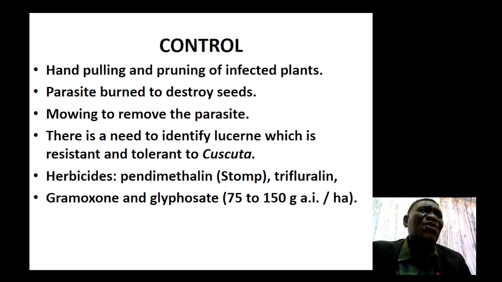Now on the control measures, with shoot parasites it's very challenging. If you want to control the parasite, you might as well destroy your crop. So with hand pulling and pruning of infected plants, you might have to lose a few plants. You may burn the parasite. If it is lucerne, mowing can be done to remove the parasite.